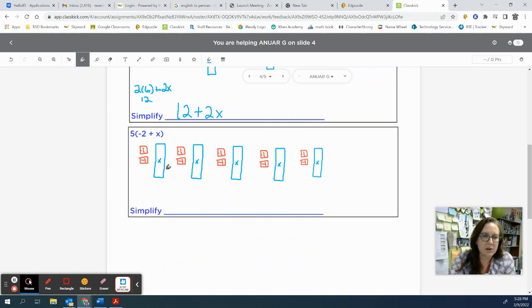So we've got how many x's? We've got 1, 2, 3, 4, 5 x's. And how many negative ones do we have? 2, 4, 6, 8, 10. Negative 10. So 5 groups of negative 2 plus x is 5x plus negative 10.